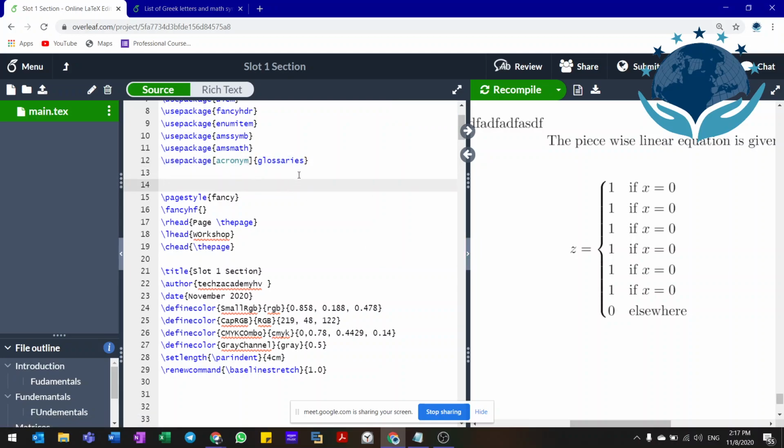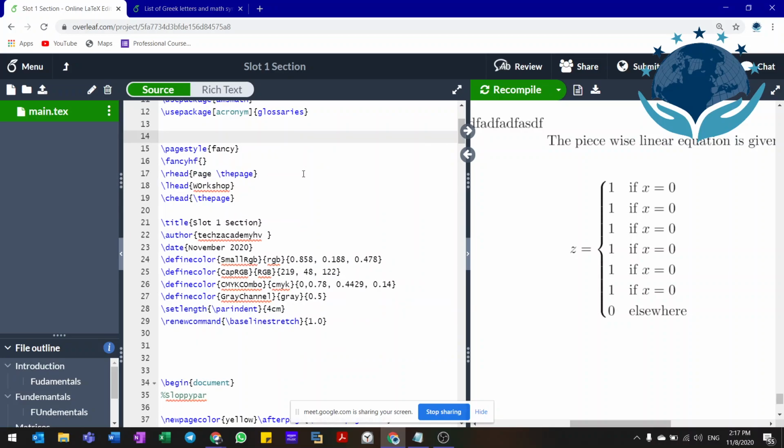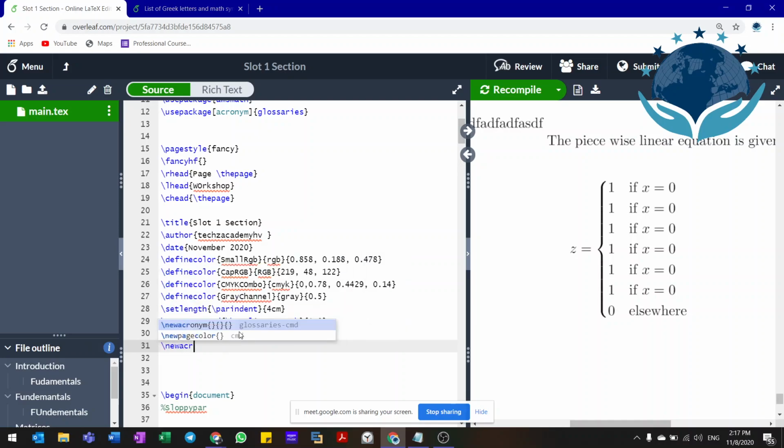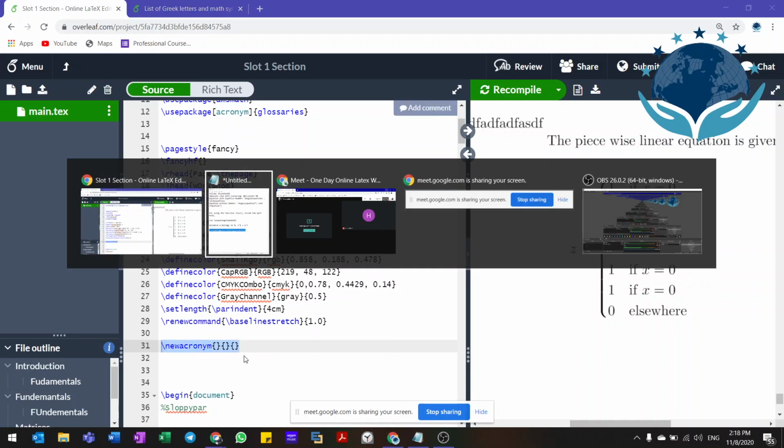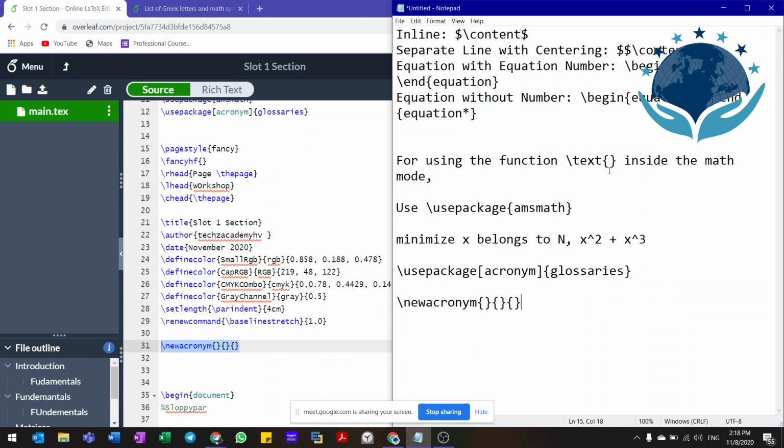Now let's say you are going to use one thing which is called GCD. In the preamble area you have to give the explanation about the new acronym that you are going to define. For that you can use slash newacronym, followed by three curly braces.